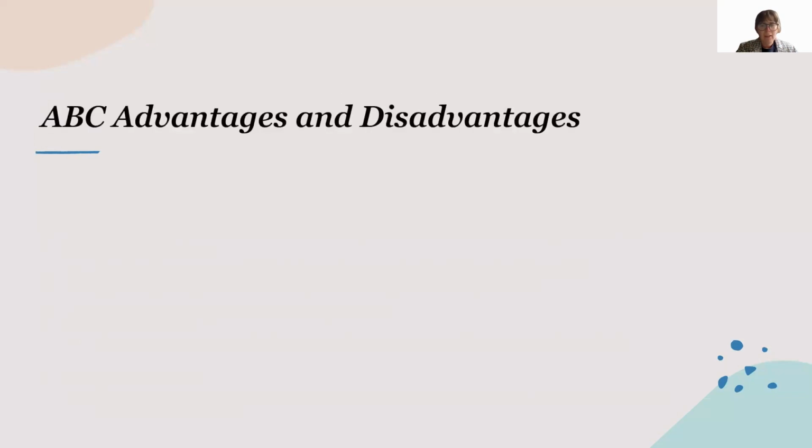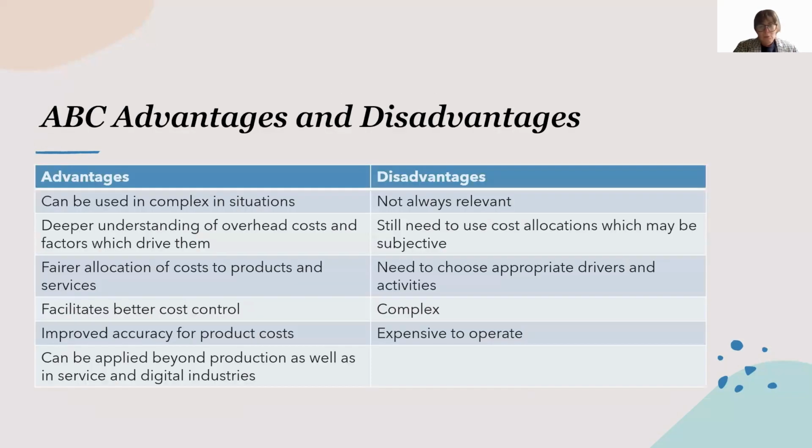Of course, as with everything, ABC has both its advantages and disadvantages. The advantage is it can be used in any situation, including those that are very complex. There is a deeper understanding of overhead costs and factors which will drive them.